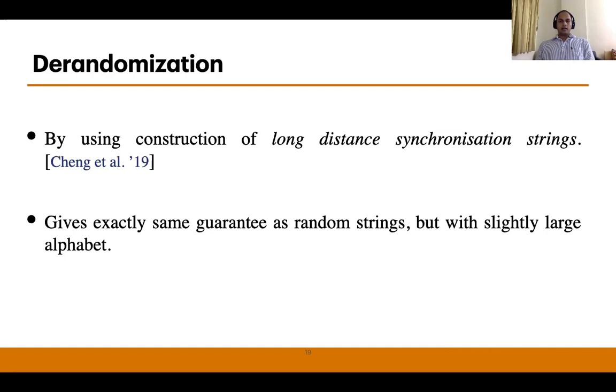The idea of long-distance synchronization strings is to construct a string S such that if we take two non-overlapping intervals, then the LCS is very small. As you can see, this gives exactly the same guarantee as random strings, but with slightly larger alphabets.